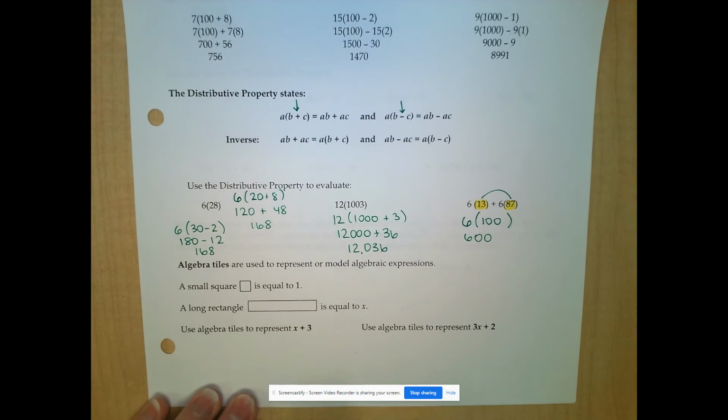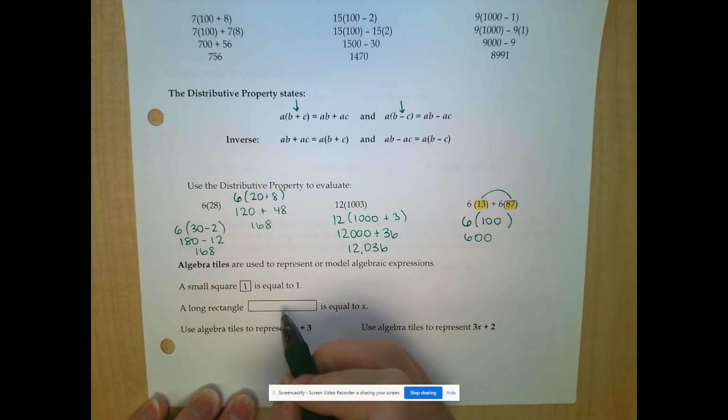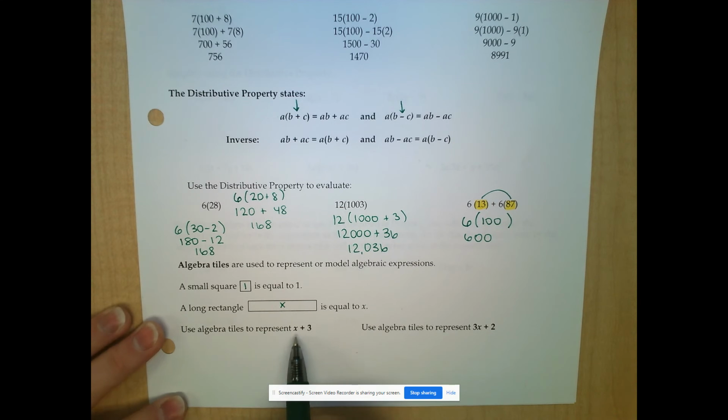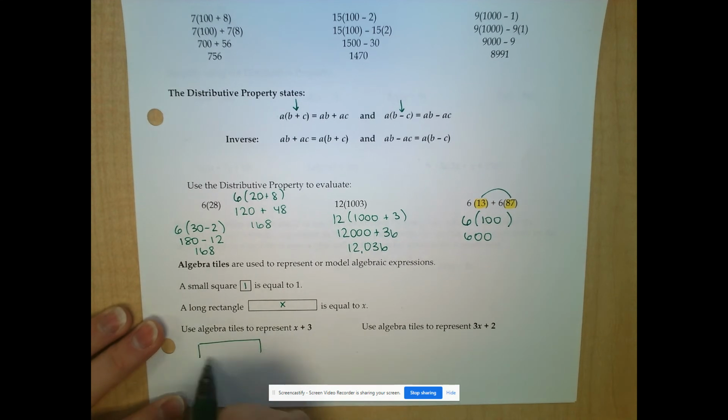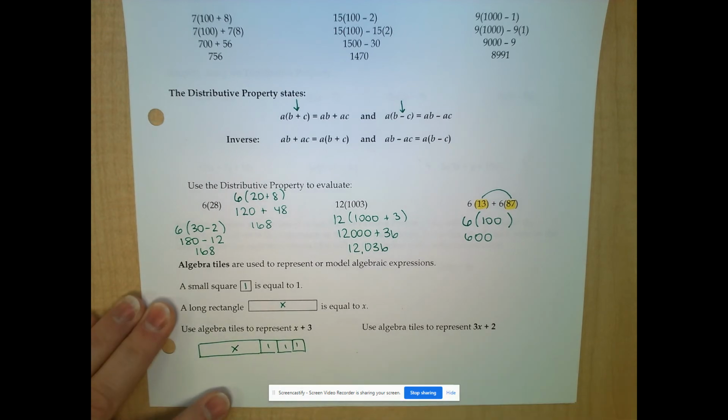So we're also going to look at algebra tiles. And when we look at algebra tiles, the small square is going to be worth 1. The long rectangle is going to be worth x. So if we used algebra tiles to represent x plus 3, we would use a single x tile, and we would use 3 what are called unit tiles. Use algebra tiles to represent 3x plus 2.